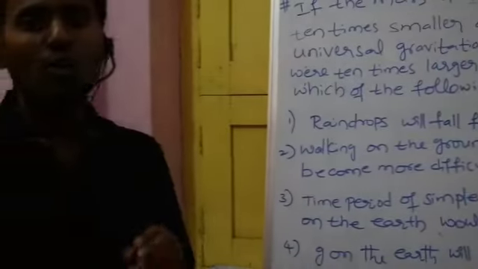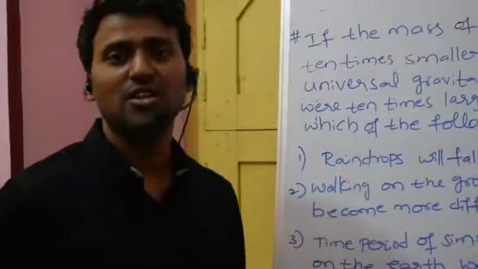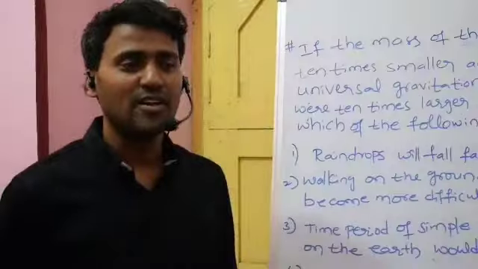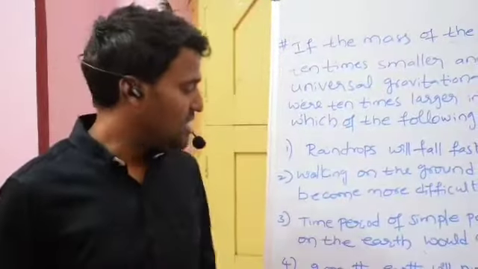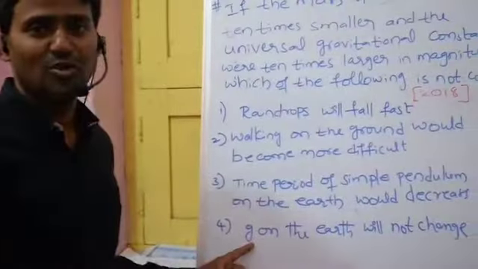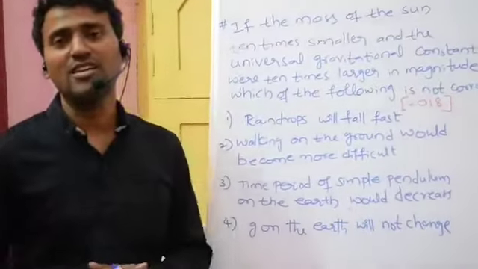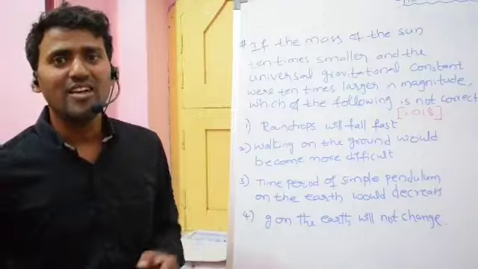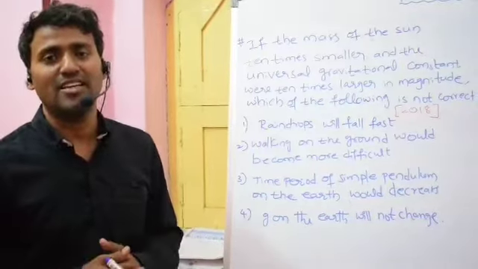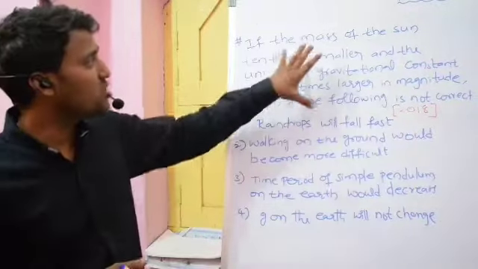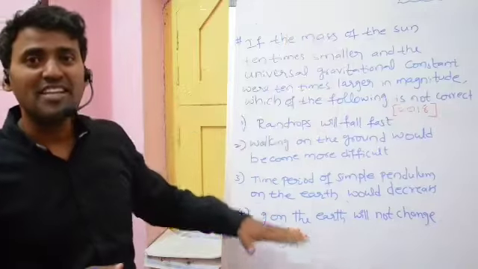If you have more knowledge about the gravitation chapter, we can identify simply while observing the options. This one is the incorrect option: the fourth option, g on the earth will not change. Actually, gravity on the earth varies from place to place, but based on this given problem, will it change or not?